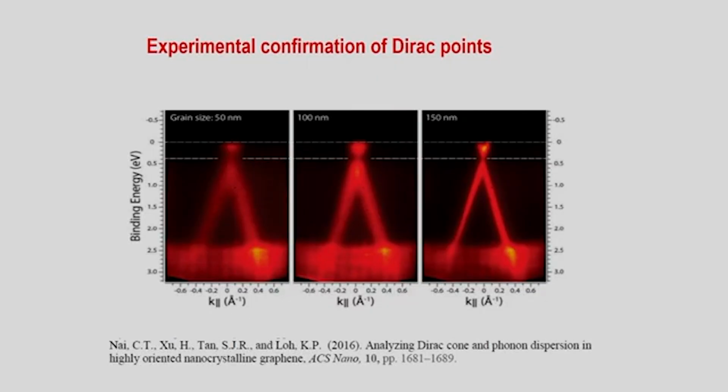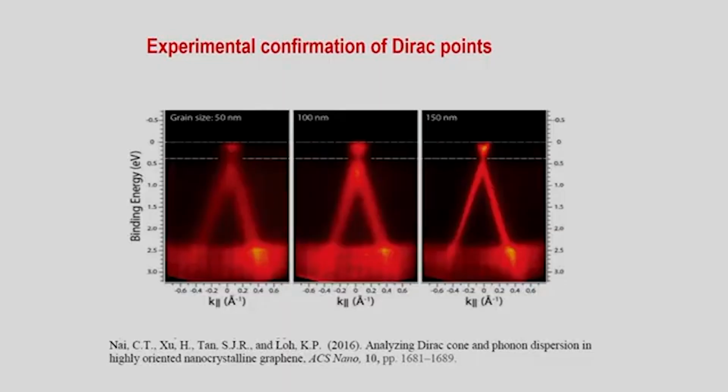Now, this is the experimental confirmation of the Dirac points. These are photoemission studies, which we will not discuss in detail, where one actually measures the binding energy as a function of the planar wave vector. So, basically a photon is made to shine on this surface, and electrons are emitted and captured, which tells us the binding energy and so on.